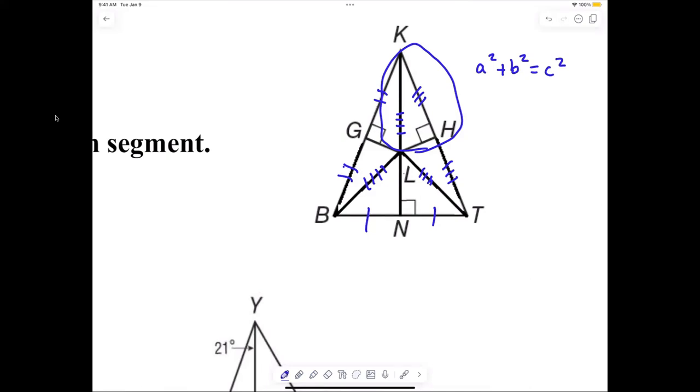Anybody have any issues with that? Please, it would be beneficial if you take yourself some notes and write it a few times. That way, it's not a difficult thing. I would also expect if you forget, you can easily reproduce that information by understanding what a perpendicular bisector means and what an angle bisector means.